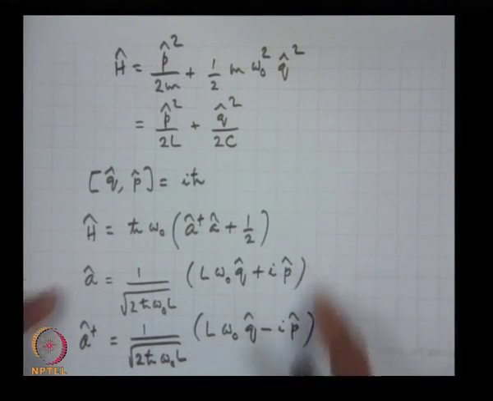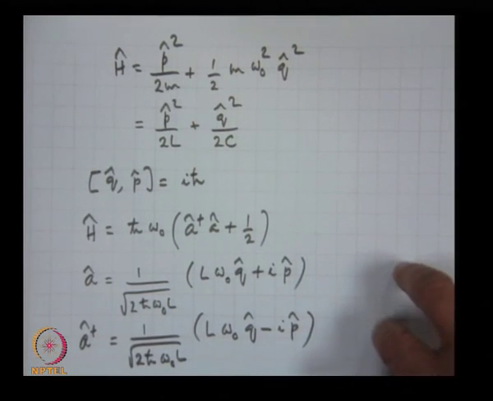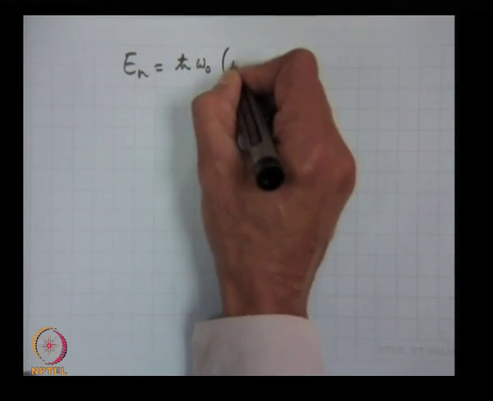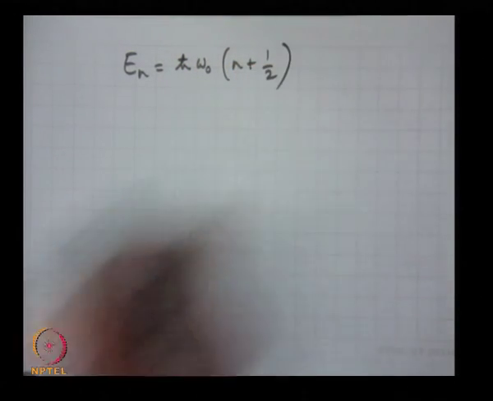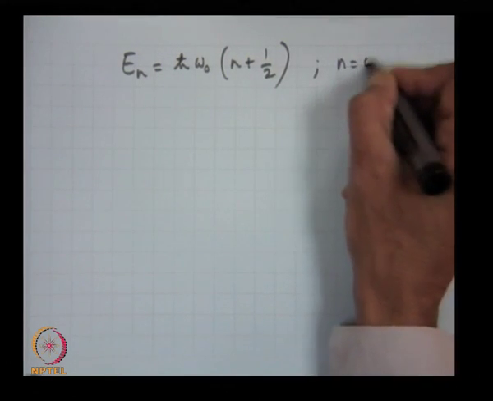So I can invert this equation to calculate Q and P, and the energy states of the oscillator will be En equal to ħω₀ (n plus half), where n is equal to 0, 1, 2.